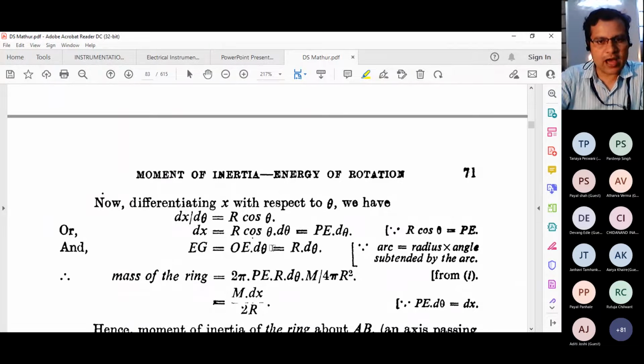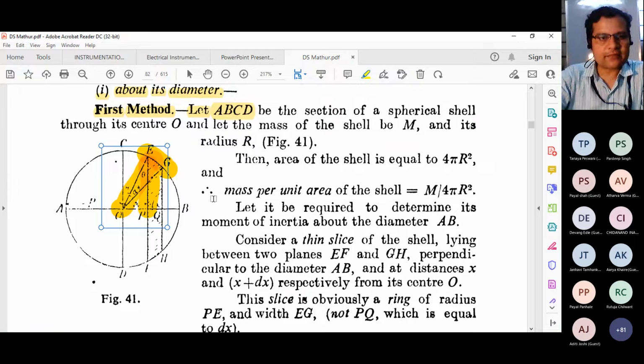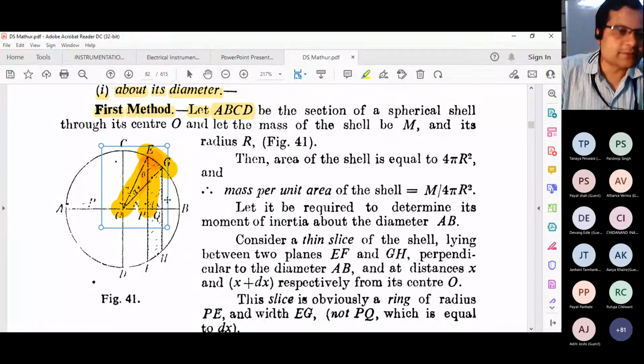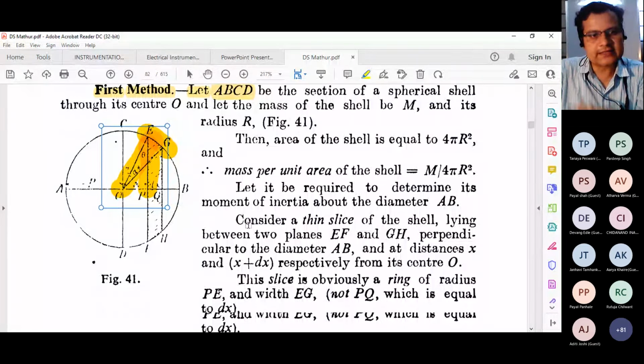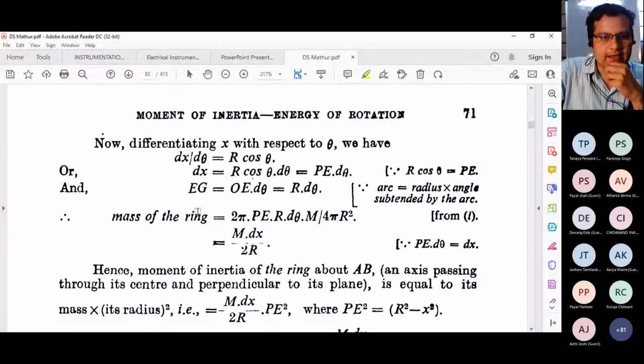Therefore, EG is equal to R d theta, right? So here I am writing all those things with the geometrical relationship. EG is the arc length, you write in terms of the formula radius multiplied by the angle. So radius is R, OE, OG, and the angle subtended is d theta, so it's R d theta. So R d theta is your EG.